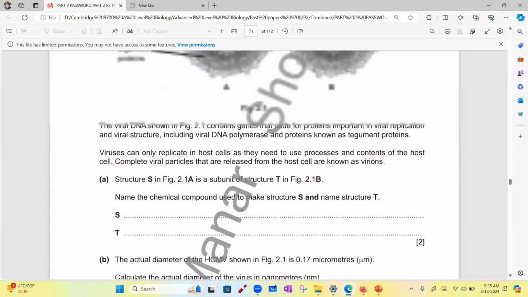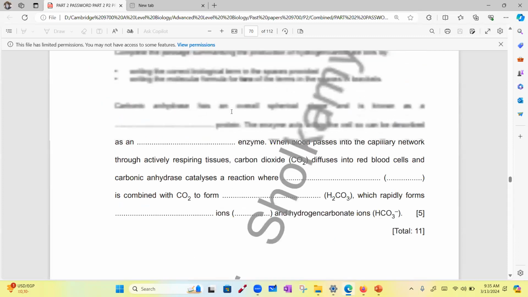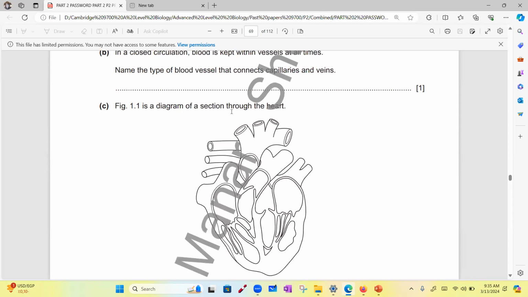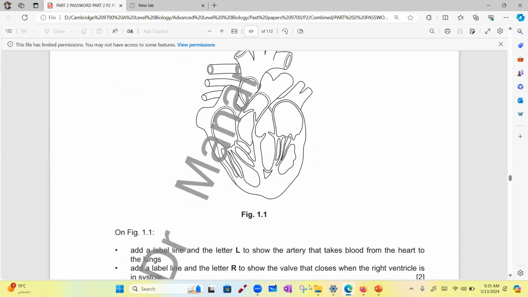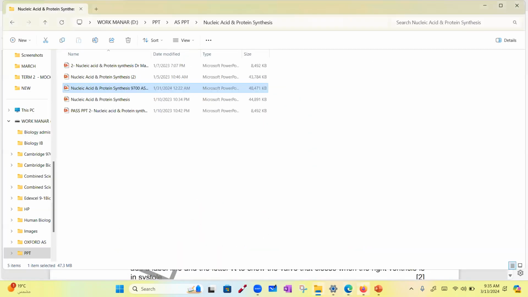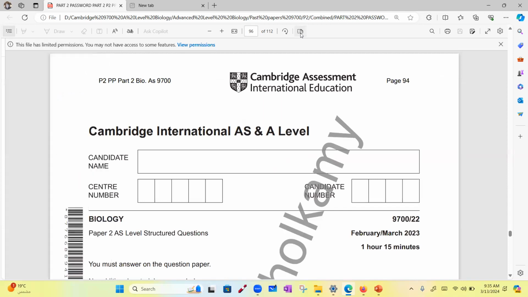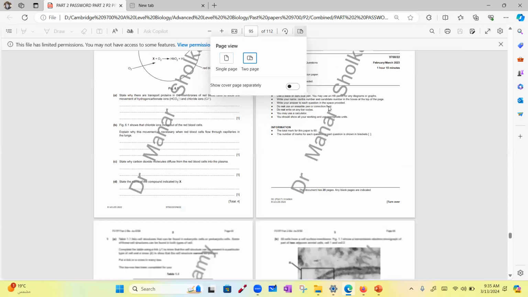Where is it? This one? No. No, the exam that actually I want to solve with you. This one. We will revise it from here.